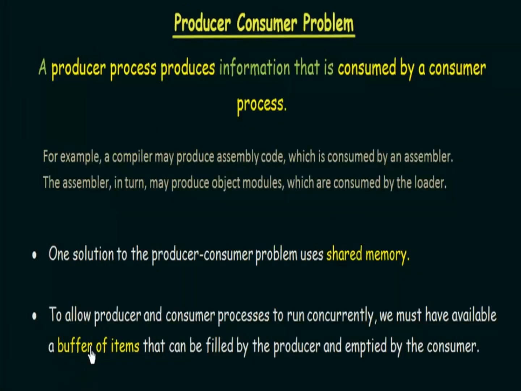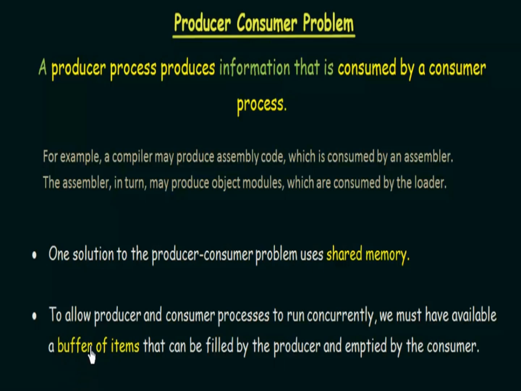In the producer consumer problem, the information that is produced by the producer will be consumed by the consumer. So we have a common memory for that. The producer can be allowed to store all the information in the buffer.